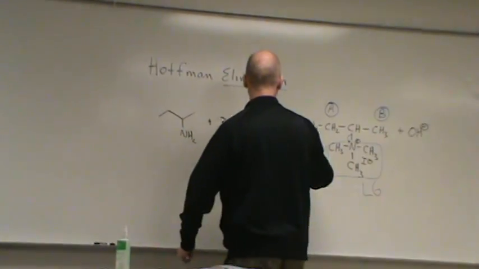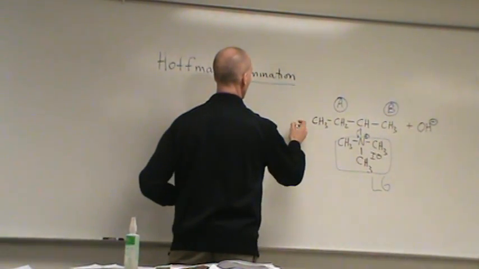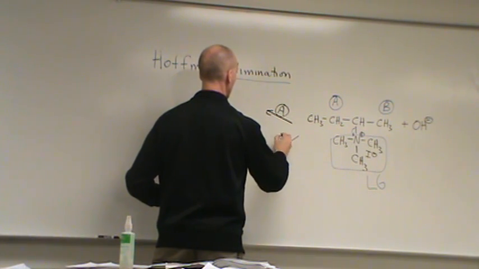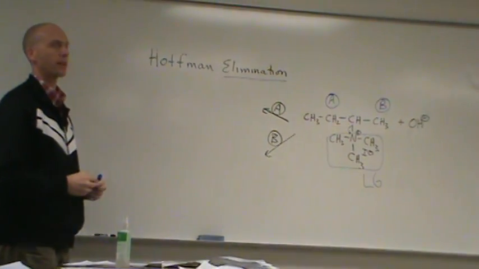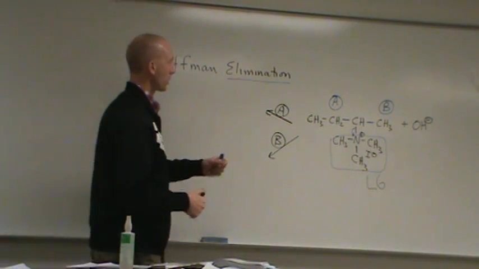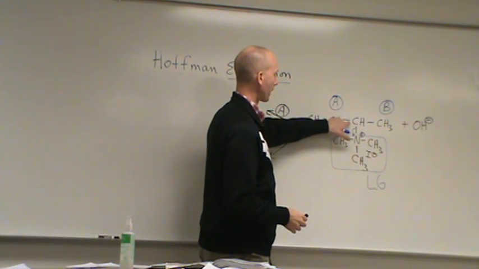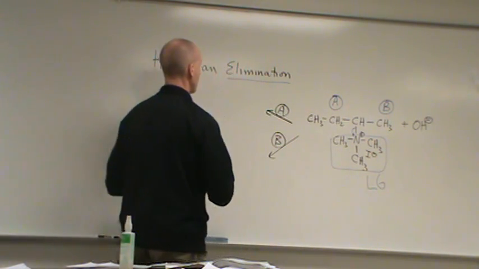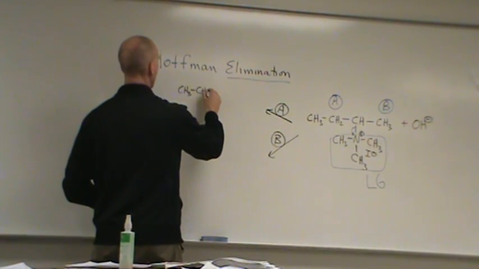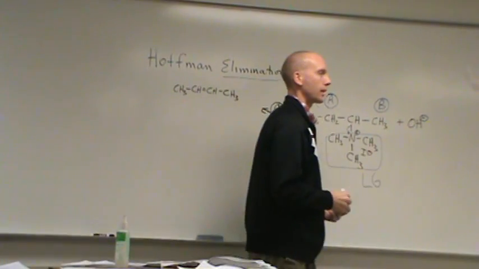So now I'll erase so I can go this way, and let's draw both products of A and B. If the base attacks A, the double bond will form right here, to give us that alkene.